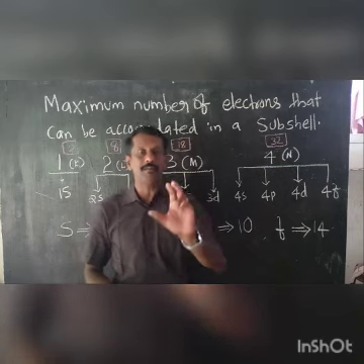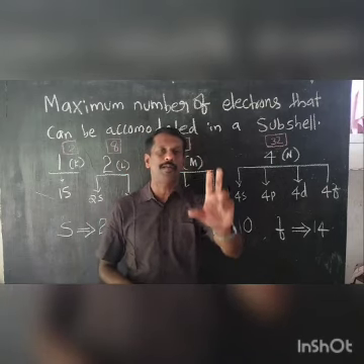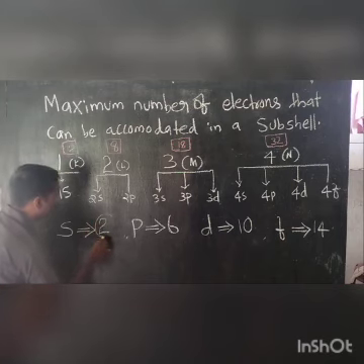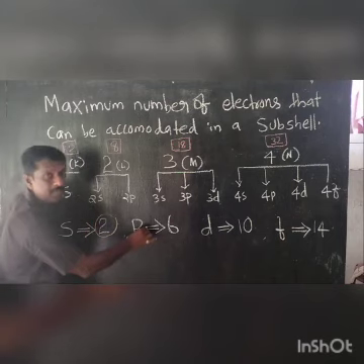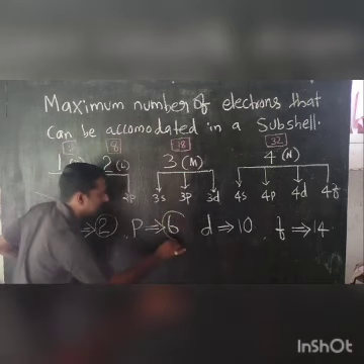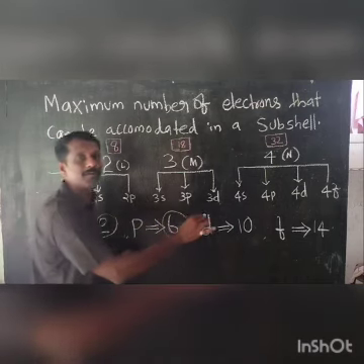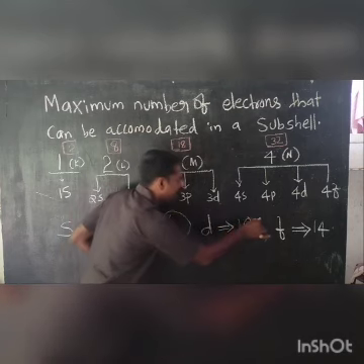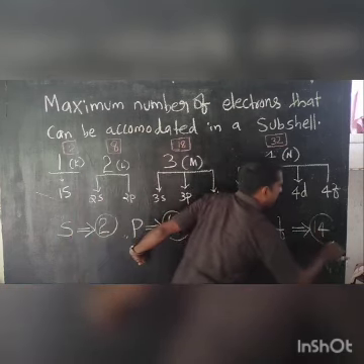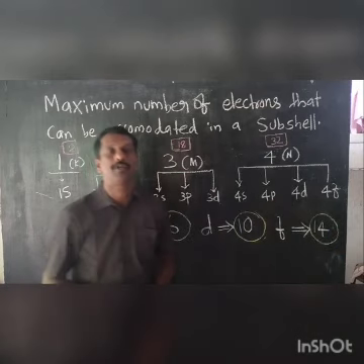The maximum number of electrons that can be accommodated in the S subshell is 2, in the P subshell it is 6, in the D subshell it is 10, and in F it is 14. Very, very important.